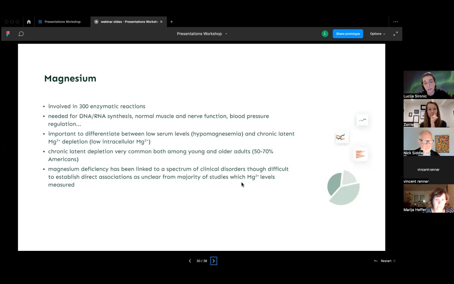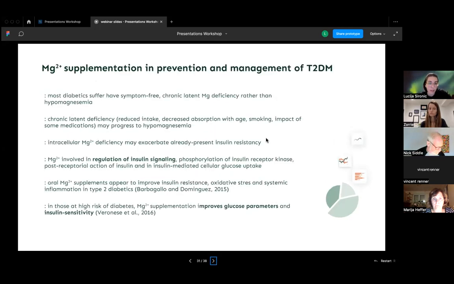And this is important because magnesium deficiency seems to be linked to a list of clinical disorders. The reason I'm mentioning magnesium here now is because of the association with prediabetes and diabetes. It looks like most diabetics have that chronic latent deficiency, so have low intracellular magnesium.